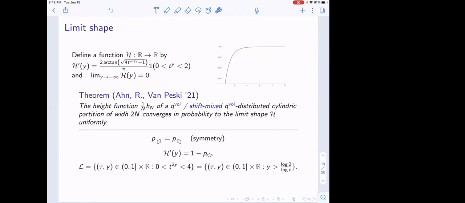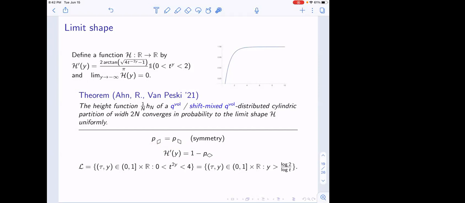Note that, recall that the liquid region is the region where the probabilities of all types of lozenges are non-zero. So note that by the symmetry of our model, these two probabilities are always the same, and the probability of the horizontal one is given in terms of the derivative of the limit shape.